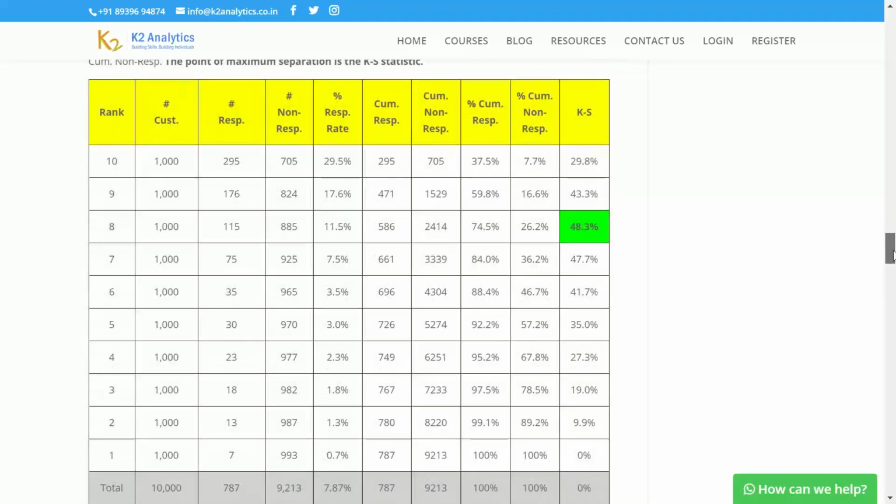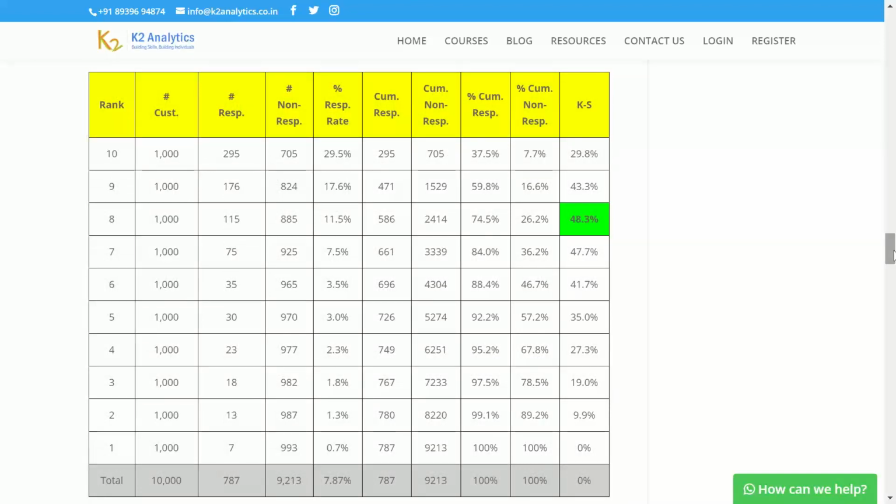So here is the entire screen of calculation. We already have the rank, number of customers, number of responders, number of non-responders, and the response rate. Now we need to calculate cumulative responders. So here in the first decile we will have 295.